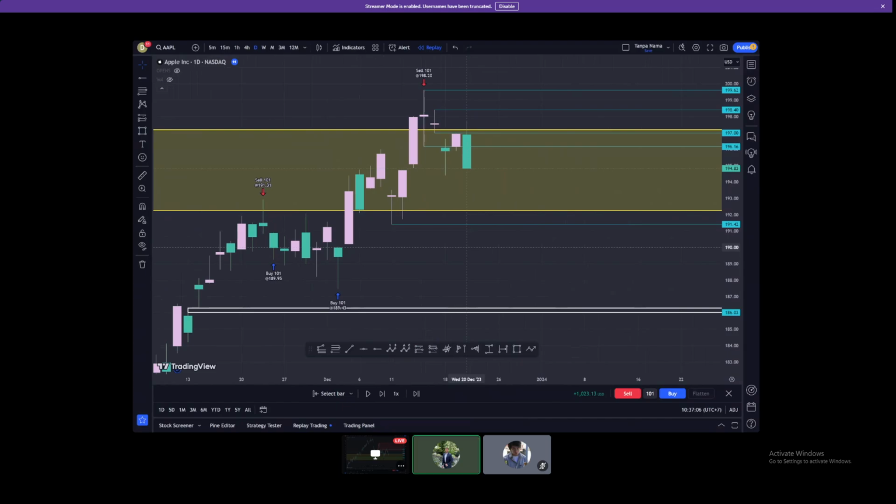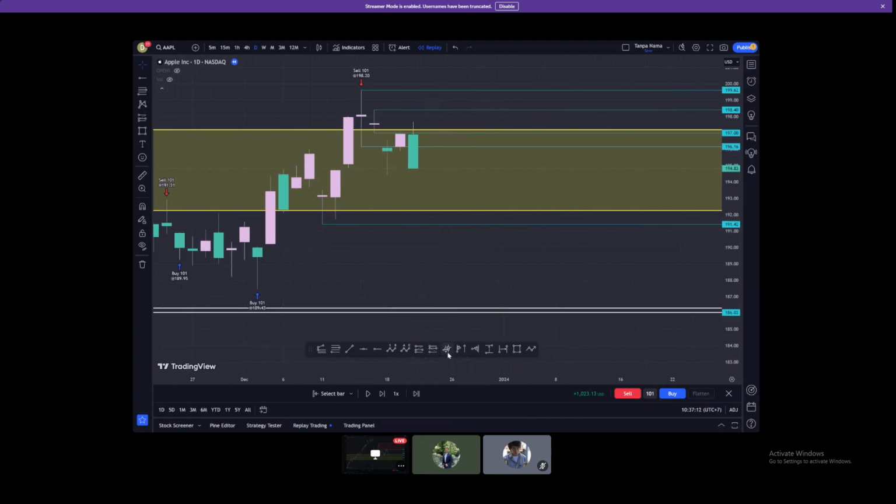So you should mark the bearish order block. Yeah, that's a strong resistance zone.